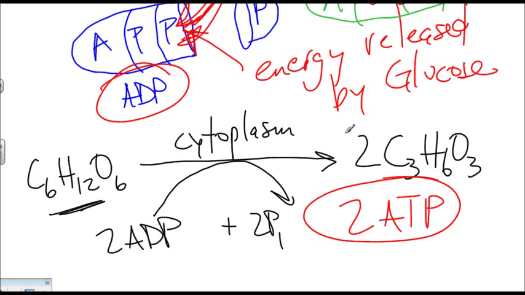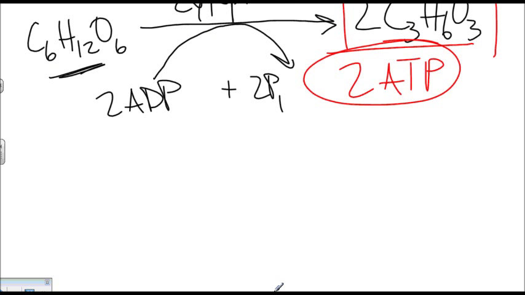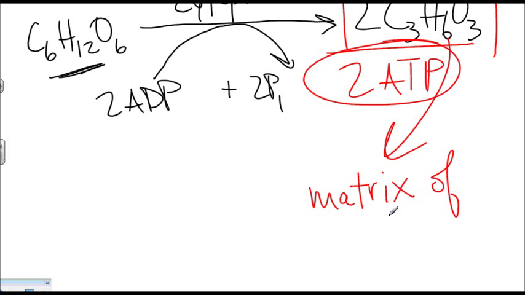This process could stop right here. However, we keep breathing oxygen, and as we do, this molecule will make its way into what we call the matrix of the mitochondria.